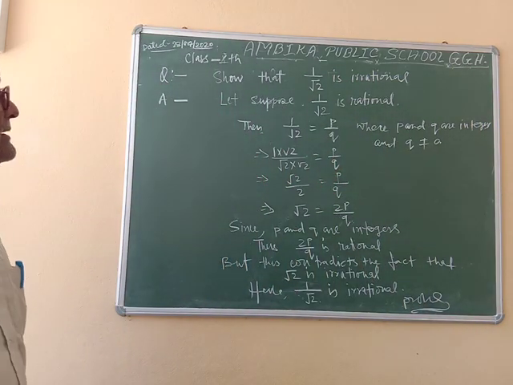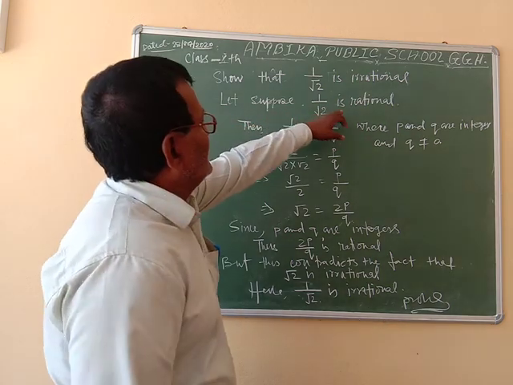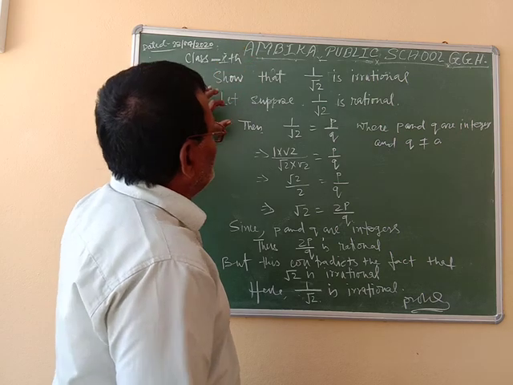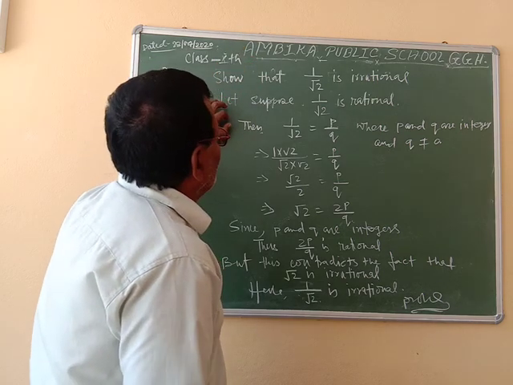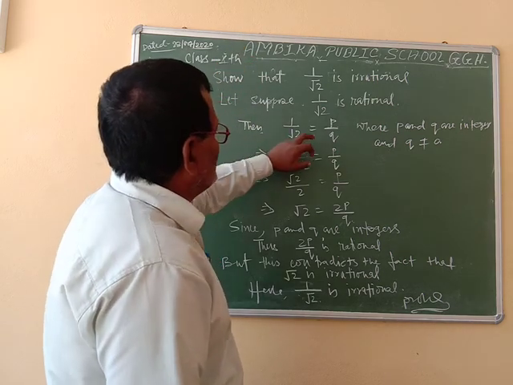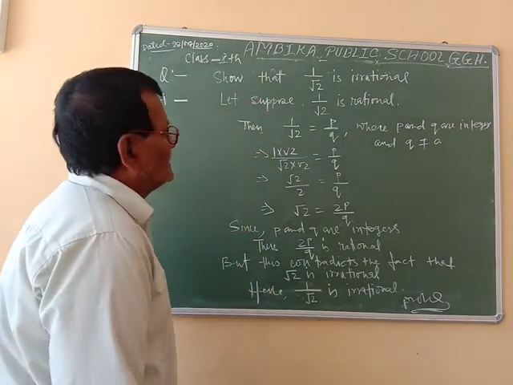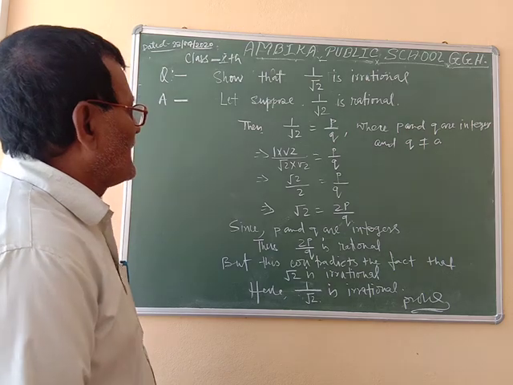Let us suppose that 1 by root 2 is rational. If it is rational, then we can write 1 by root 2 is equal to p by q, where p and q are integers and q is not equal to 0.